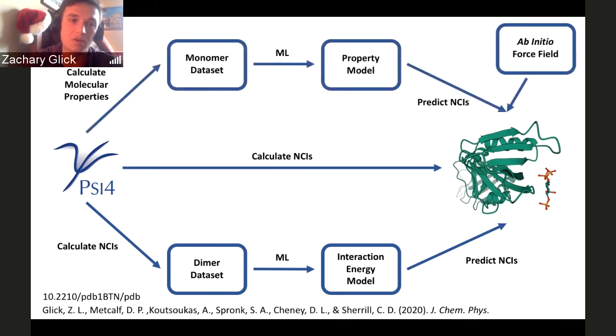So with this EMBESS code, we've started moving over to seeing how we can structure these models where instead we create data sets of monomers, predict monomer properties, which are electron densities, charges, dipoles, quadrupoles, and then using those properties and some sort of ab initio force field, predict the NCIs that way. And that has a lot of benefits that the bottom pathway doesn't have. I'll be talking a little bit about how we've gone about making those models.